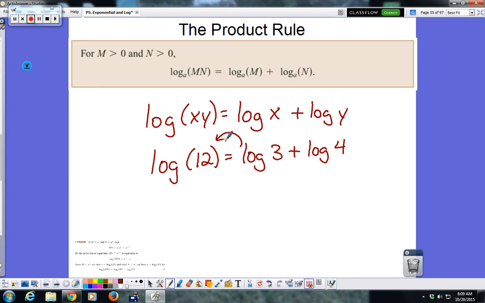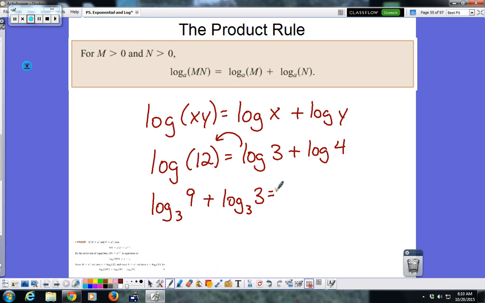To add 2 logs, you just work the same problem backwards. If you have the log, and this works for any base, let's do log base 3 of 9 plus log base 3 of 3. This is the same law backwards. Log base 3 of 9 plus log base 3 of 3.